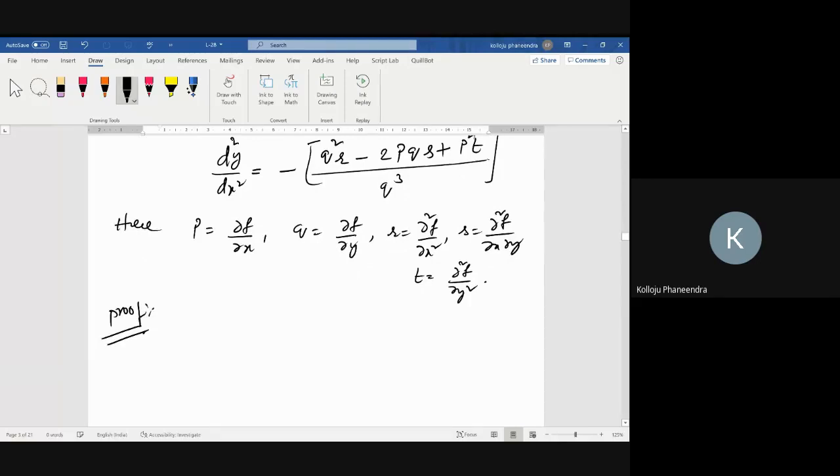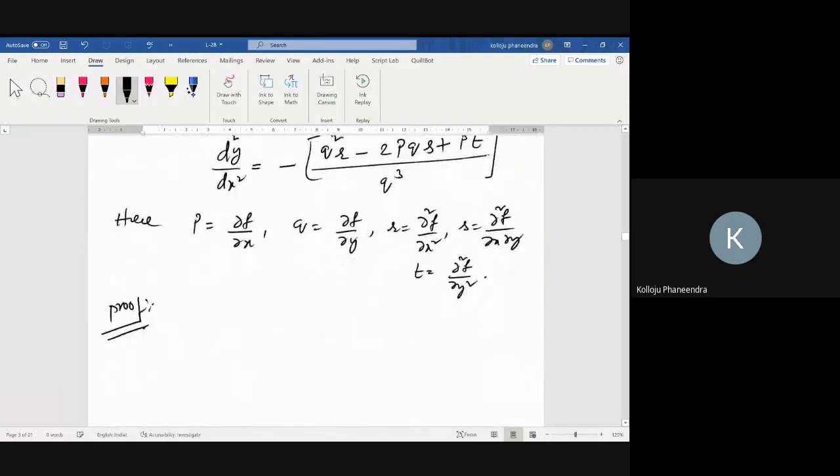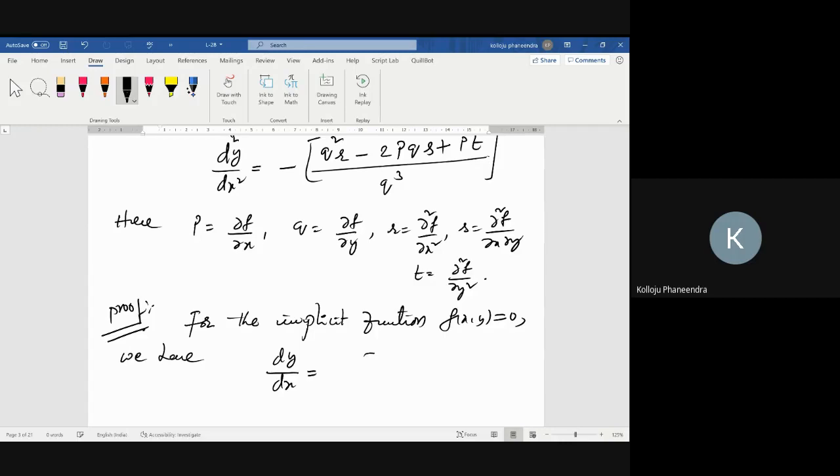In this proof you will understand everything, all the concepts. That's why I'm telling this one. First, for the implicit function f(x,y) = 0, what is dy/dx? I already told you how to remember: f derivative with respect to x by f derivative with respect to y, with a minus sign.